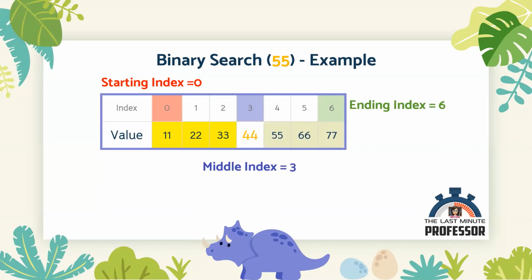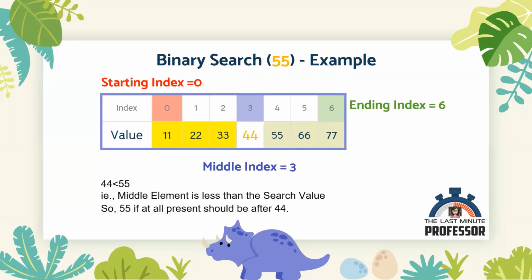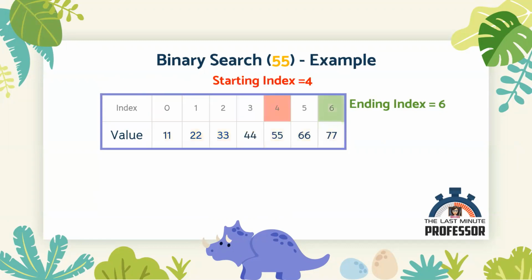That can be made by updating our starting index to middle index plus 1. So starting index is 4 now. We do not make any changes to the ending index. It is still 6.